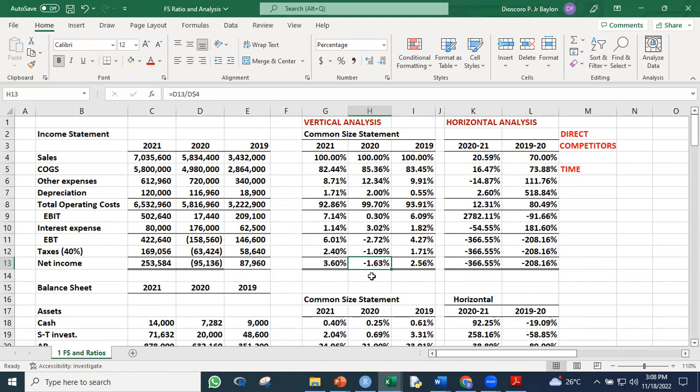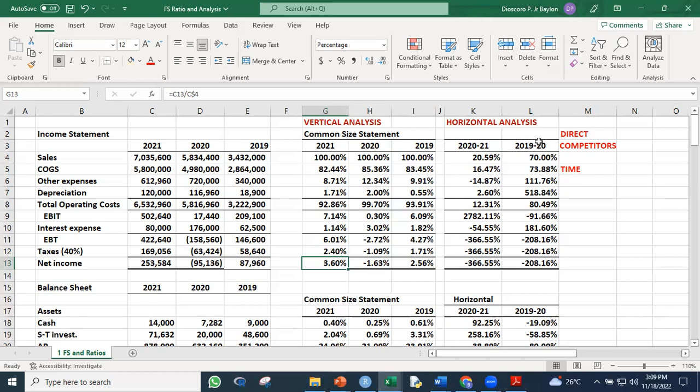Negative na tayo. Ibig sabihin, sa bawat benta natin for every 100 pesos that we're selling, we are losing 1 peso and 63 centavos. So negative here means loss, di ba? Net loss. And finally, for 2021, for every 100 pesos of sales, the company earned 3 pesos and 60 centavos. Okay, so that's how you interpret this.